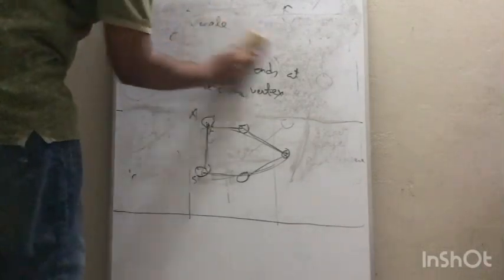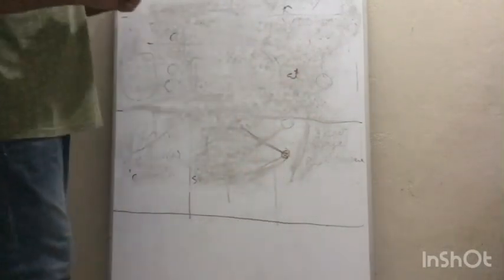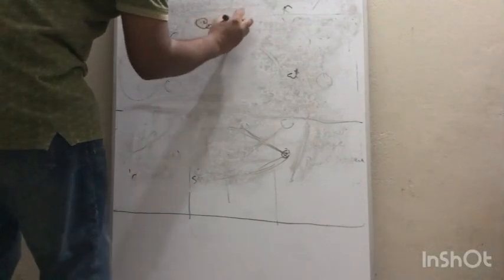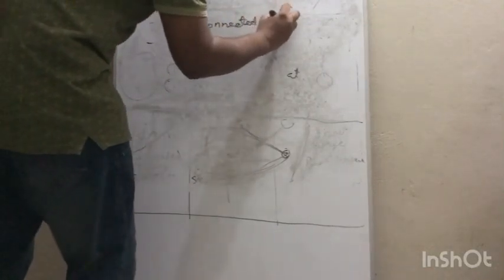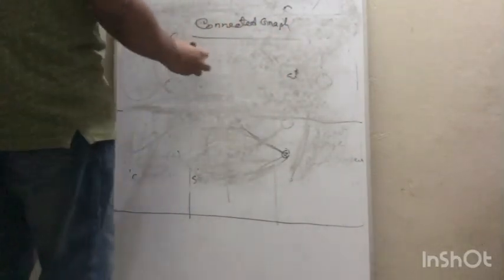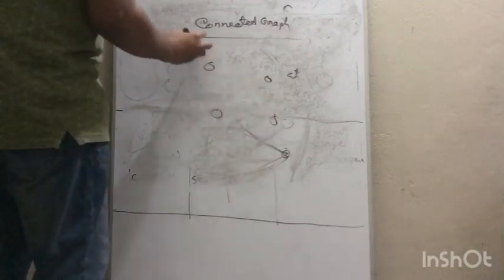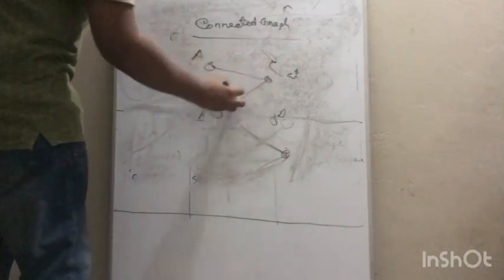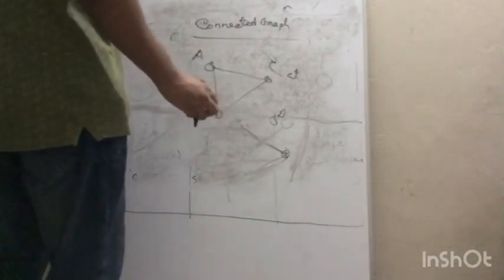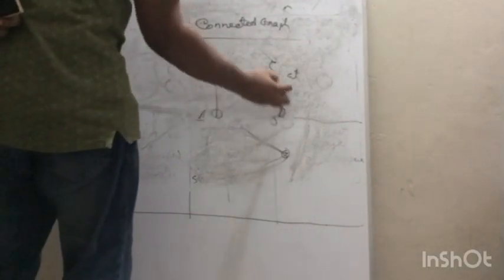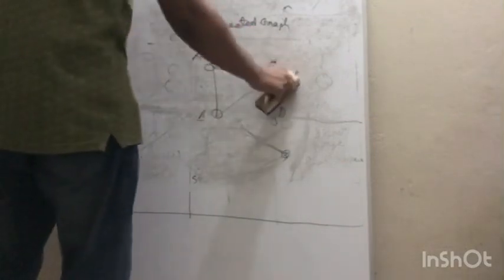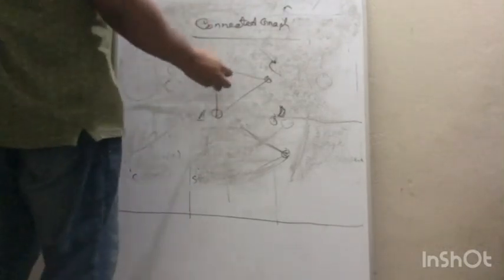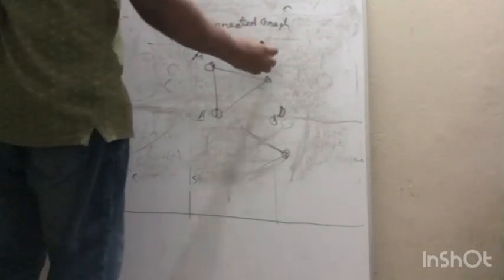Now, connected graph. A graph is connected if, suppose this is a graph A, B, C, D. This is D, this is C. From A, there is no route to D. From B, we cannot go to D. So this graph is not connected.